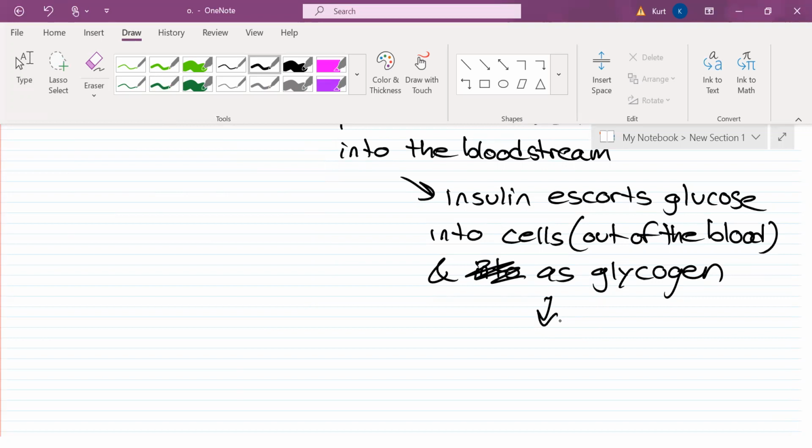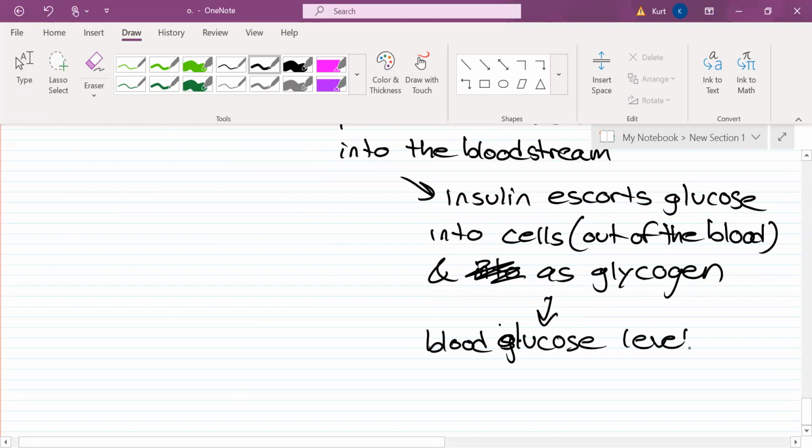If the sugar is in your cells, is it in your blood anymore? No. So effectively, what did you do with your blood sugar levels? You lowered it. So now, blood glucose levels are lowered.